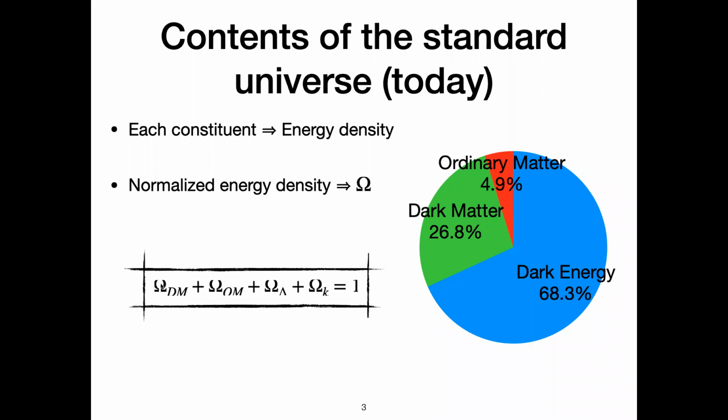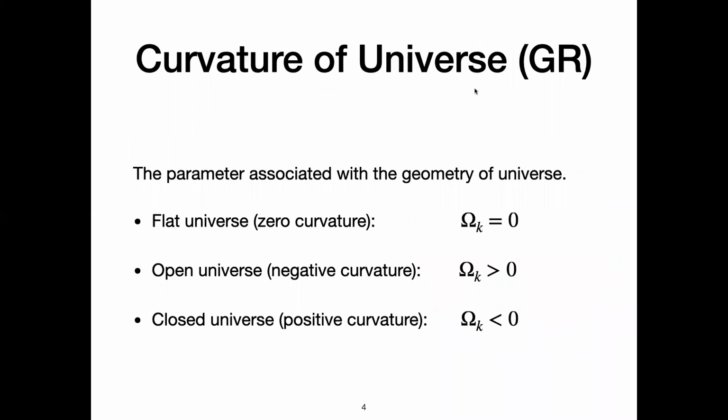So these are dark matter, ordinary matter, lambda, which is the dark energy, and an extra component K, which is the curvature. This is not shown in the pie chart because, to our knowledge, there is no curvature component in the universe today. That means the universe is flat.